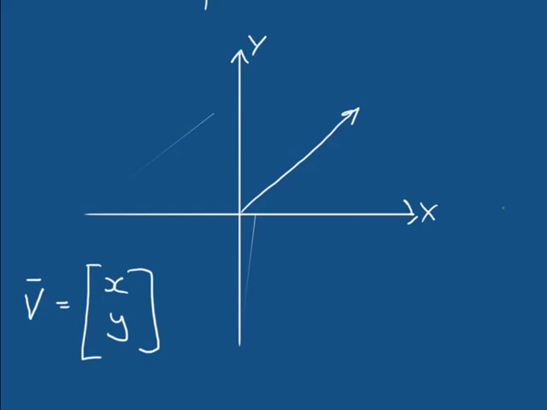A third notation, which is quite similar to this one, is actually to draw a full arrow over the letter. So instead of having just v with a dash, some notations use v with a small arrow over it. The arrow just being another way of denoting that this variable is a vector. Now this is more commonly used when we're denoting a vector that travels between two vertices on a diagram.